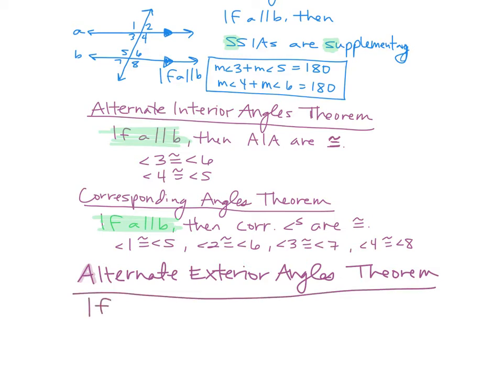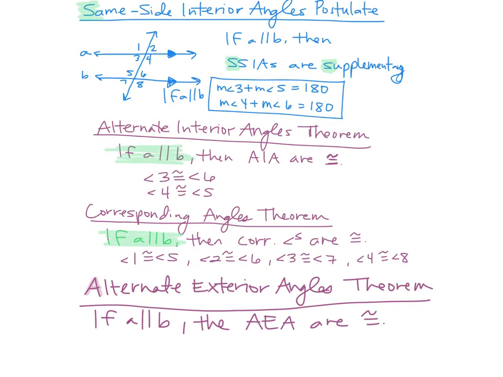Okay, and this one again says if the lines are parallel, then alternate exterior angles are, what do you think those will be? Congruent or supplementary? Alternate exteriors. They're congruent also. If the lines are parallel, then alternate exterior angles are congruent. So if we're looking at our picture again, we would say that angle 1 is congruent to angle 8. And we could say that angle 7 is congruent to angle 2.